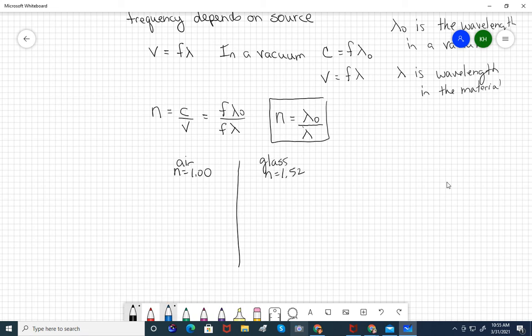If the light wave looks like this when it's entering with a certain wavelength, it doesn't change frequency, but it does slow down. And the result of this slowing is you can see that our wavelength changes. This was lambda 0, whereas this is lambda in the material.